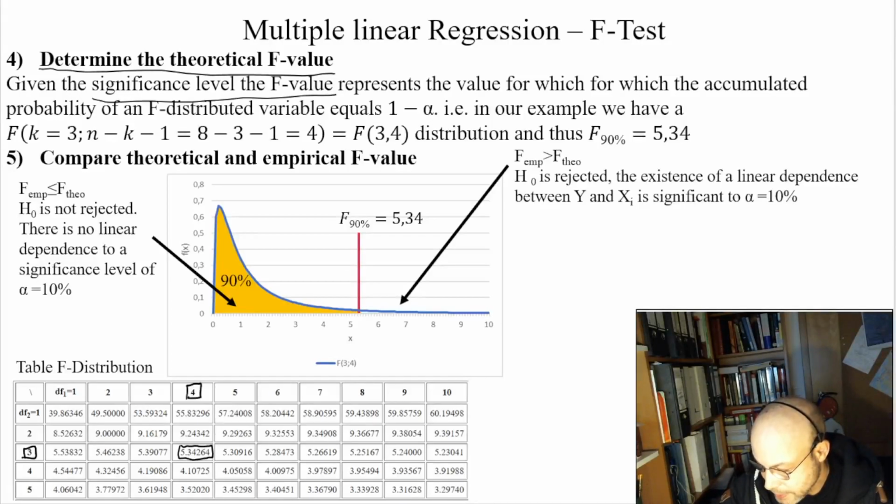So on a significance level of 90%, we have an F value theoretically of 5.34.